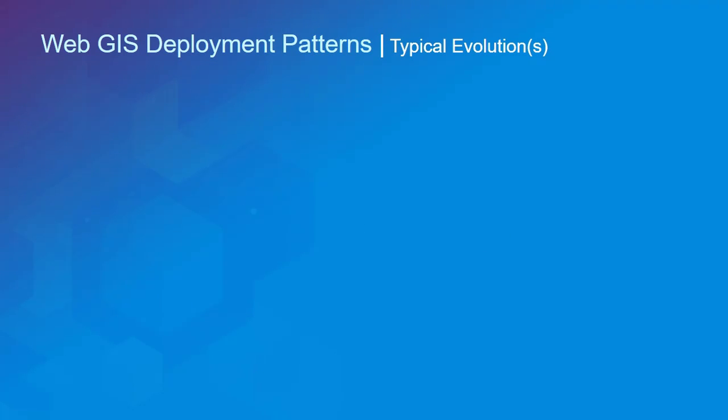All right. That was a lot of preamble. The next slide here is really what I consider the main part of my section of this presentation. When we're talking about WebGIS deployment patterns, we generally see 5 different categories. All 5 of them are equally valid, and it all depends on your particular requirements.